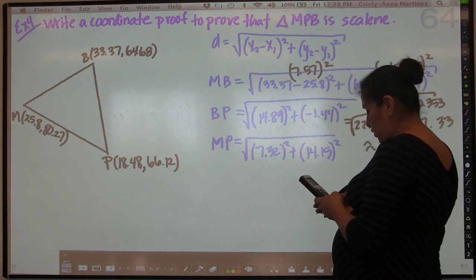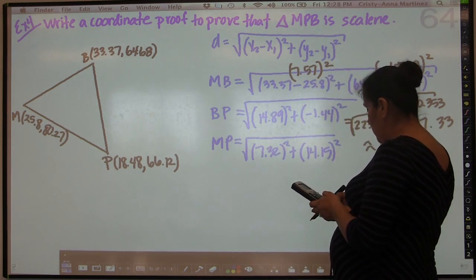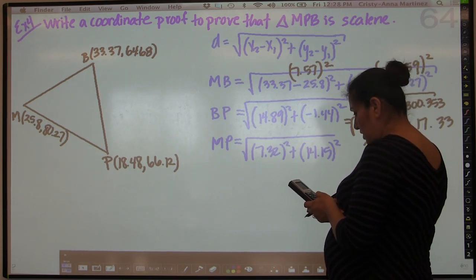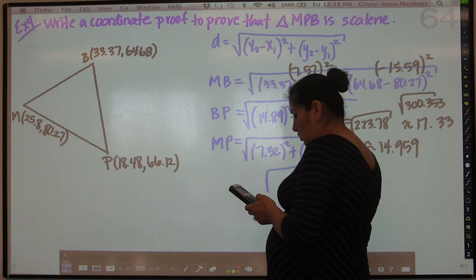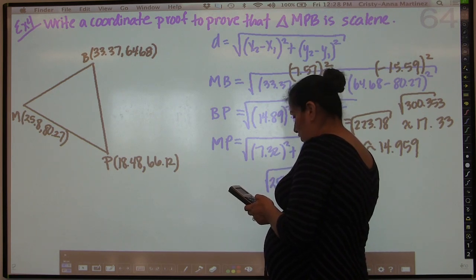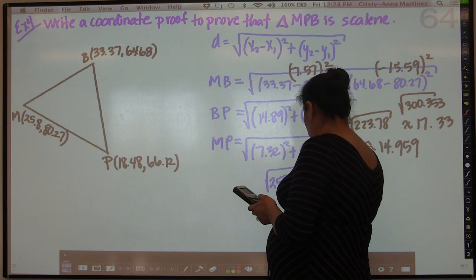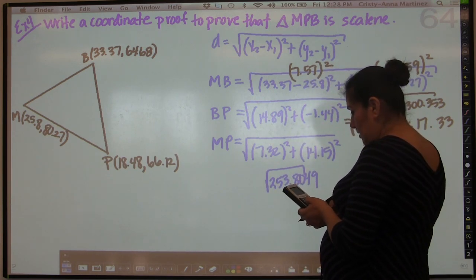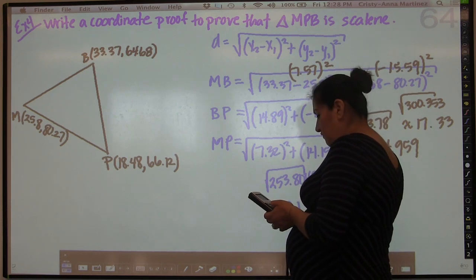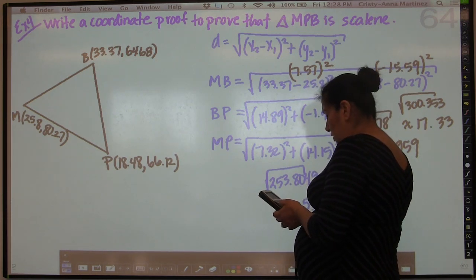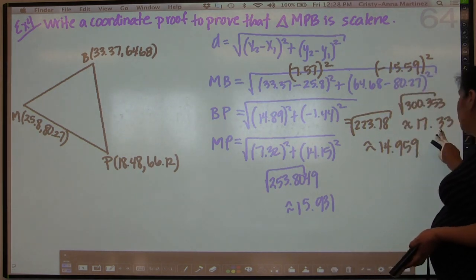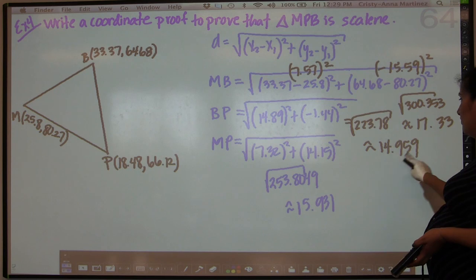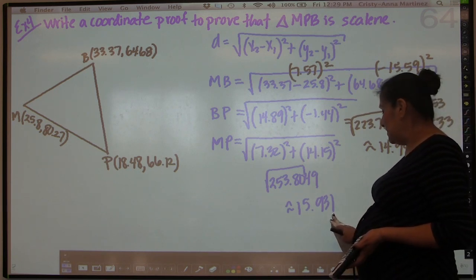And so now we're going to do 7.32 squared plus 14.15 squared, and that gives me the square root of 253.8049, and the square root of that little guy is actually 15.931. So MB is 17 roughly. BP is 15 because it's 14.95, so this is roughly 15. And MP is roughly 16 because it's 15.9.